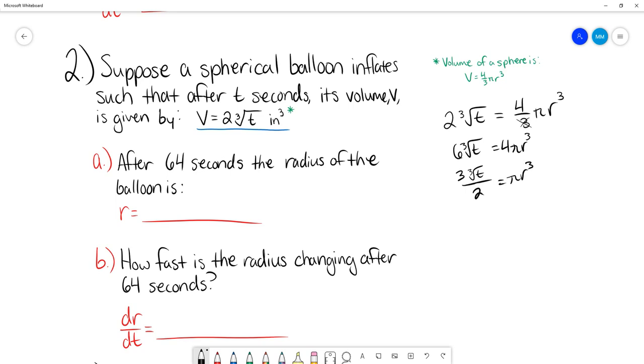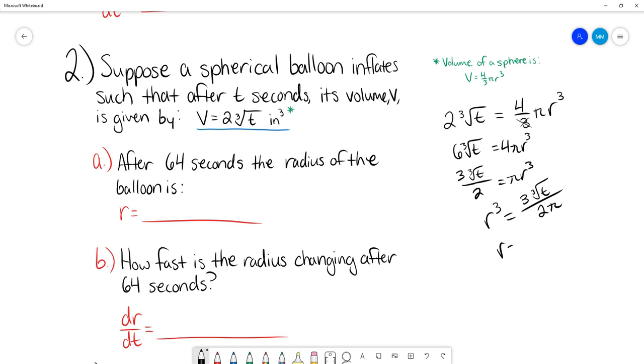Then I'm also dividing by pi, and I'm just going to flip this around, so don't be alarmed by that, just so that it's easier for me to read personally. Same thing happening, except now there's a pi in our denominator because we're dividing by that as well. Now I've got r cubed equals this. And that's all fine and dandy, but we want to know what r is.